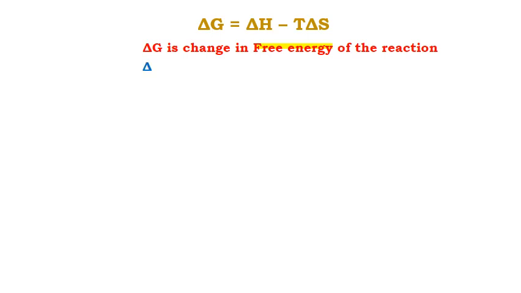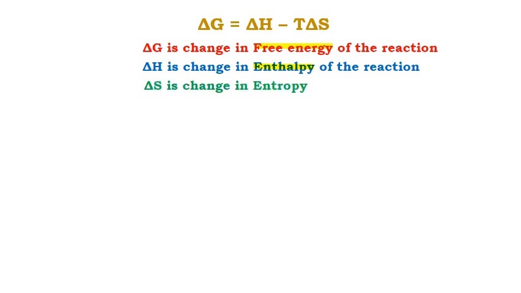Right. Delta H is the change in the enthalpy of the reaction. Enthalpy refers to the heat content present in the system. And finally, delta S refers to the change in the entropy of the reaction. Entropy is nothing but the disorderliness or irregularity present in a system.